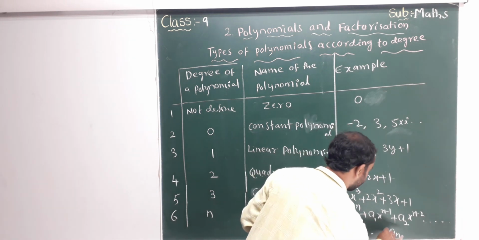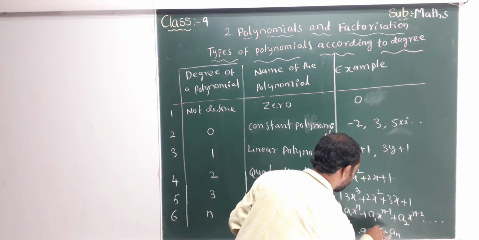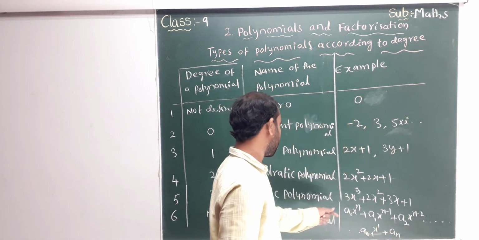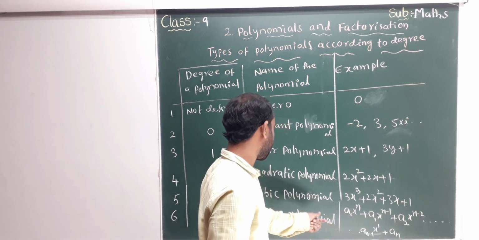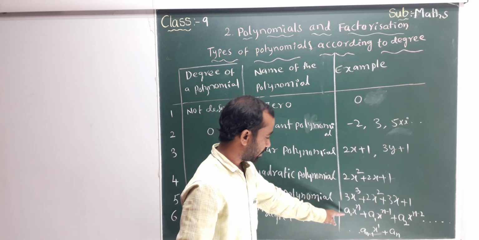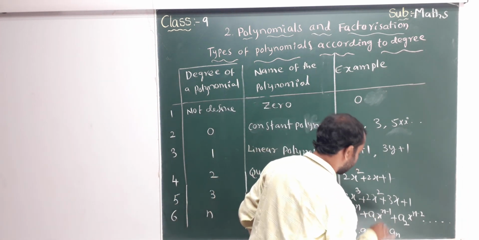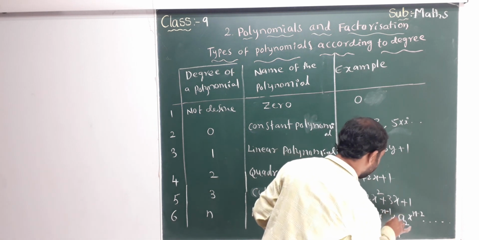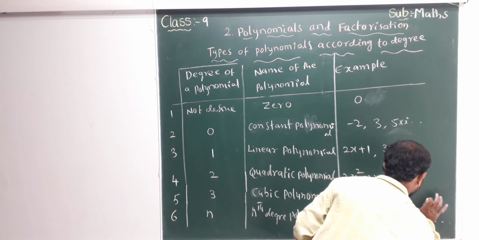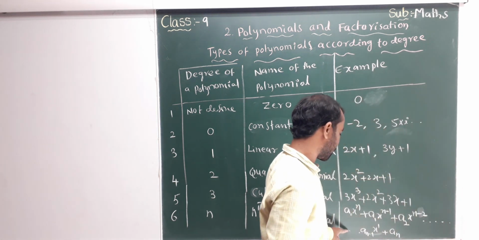Before the constant term we have a(n minus 1) x to the power of 1.